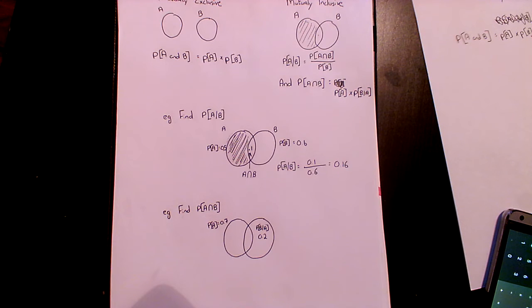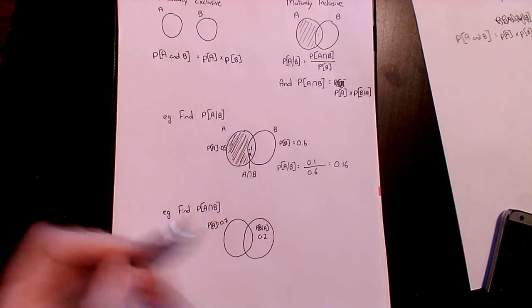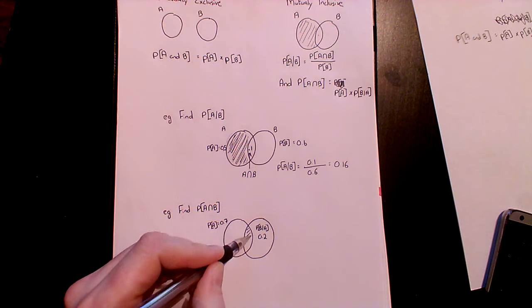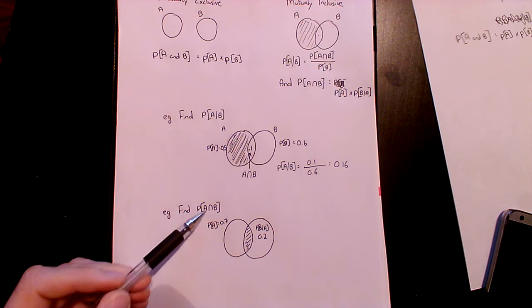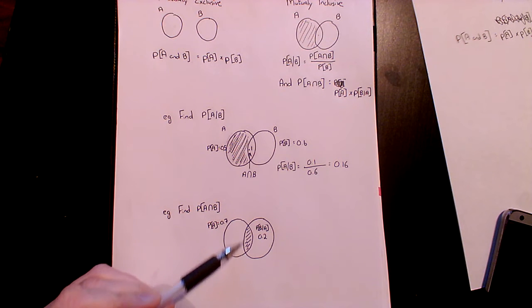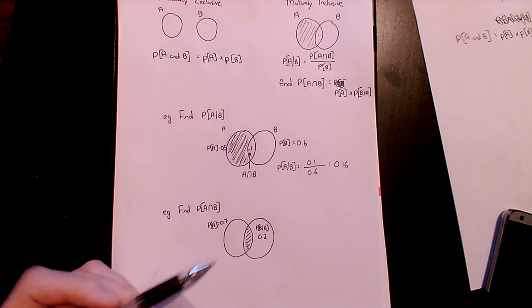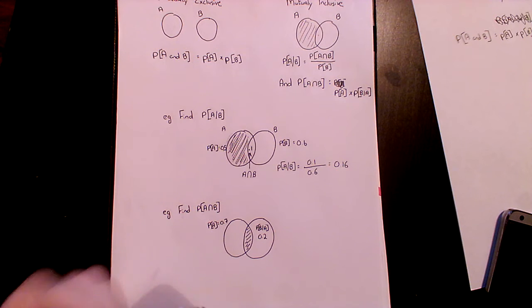If we look here then, this time they're looking for us to get the probability of getting this, okay, which is A intersection B, which is the bit that includes A and B, both.